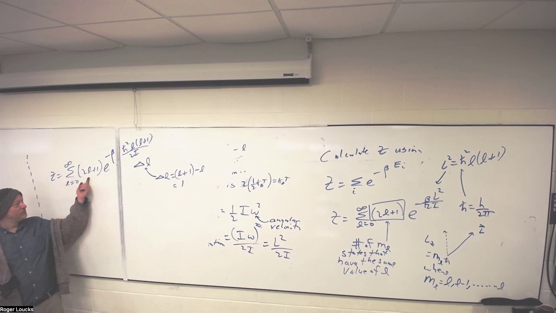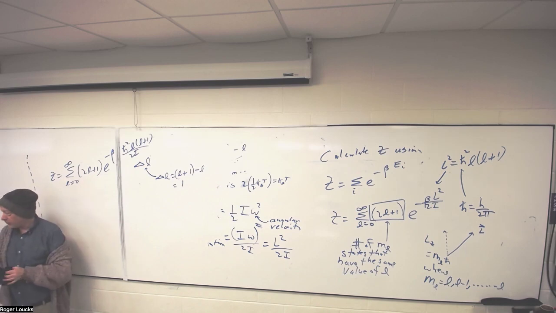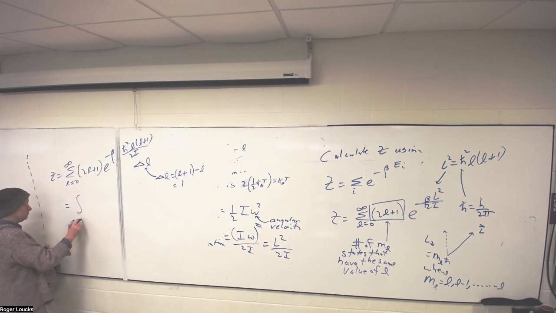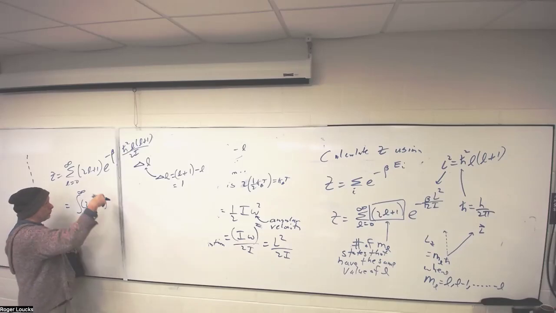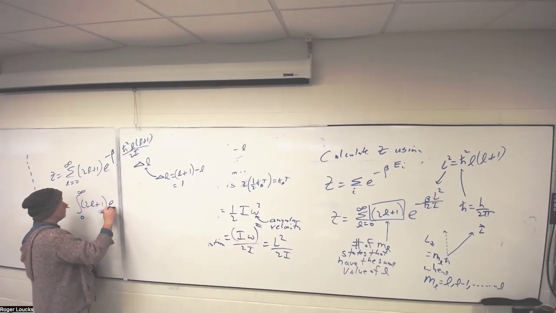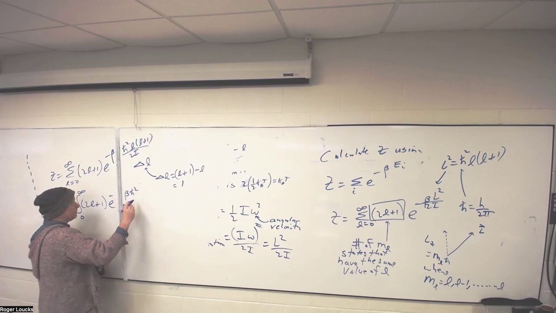Okay, what's going to happen here? I'm going to take that sum and convert it to an integral. We're doing the limit where delta L is going to 0. That's an amazing move.